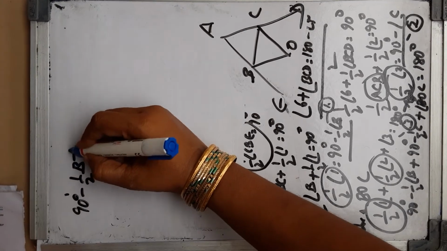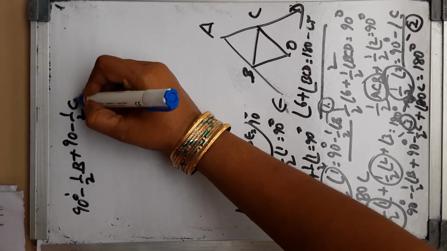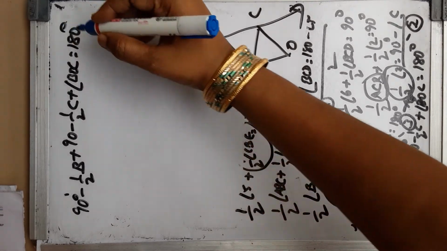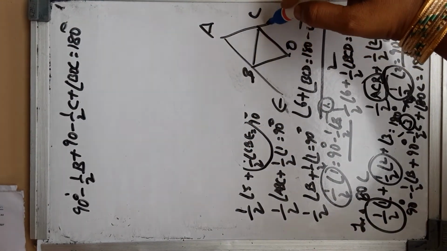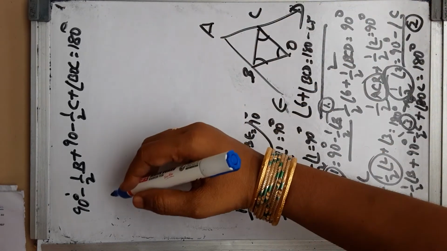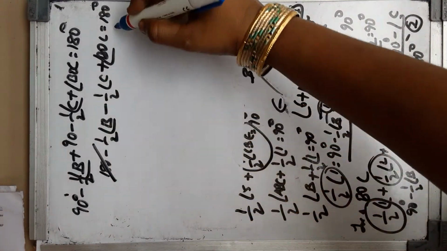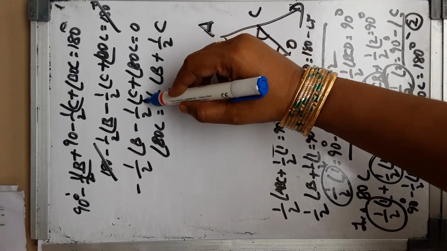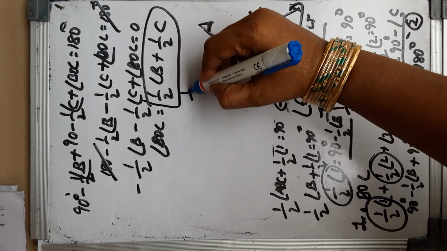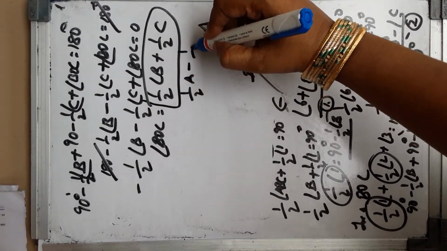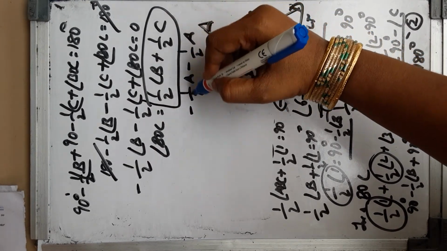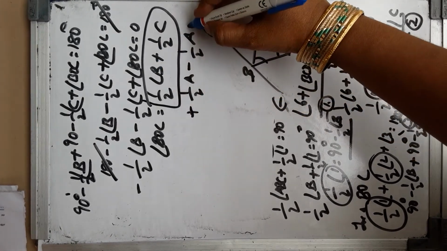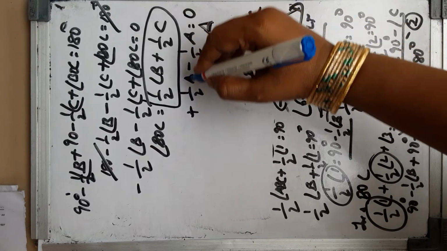Bringing forward the equation, half of B plus half of C plus angle BOC is equal to 180 degrees, which is this triangle. To this RHS component, now I will add half A and also subtract half A, and mathematically the net effect is 0.